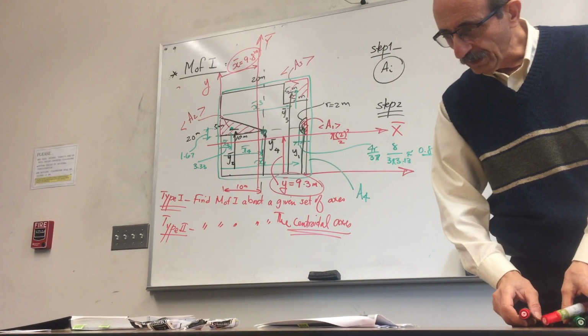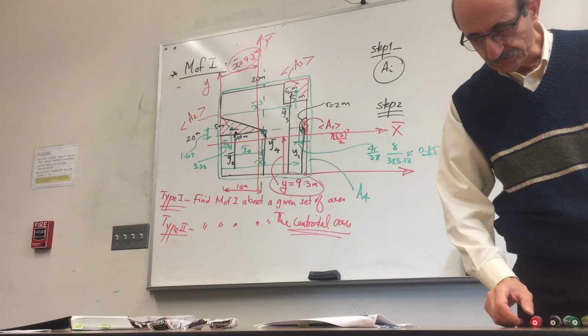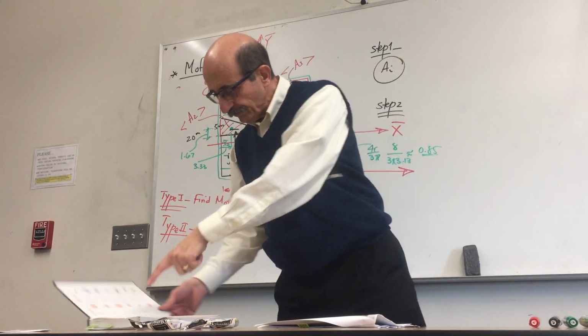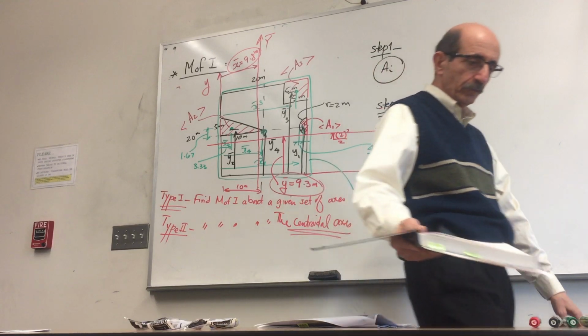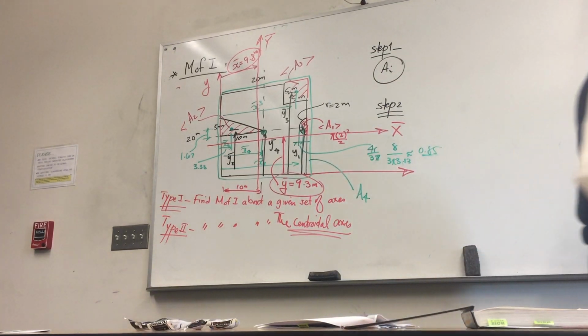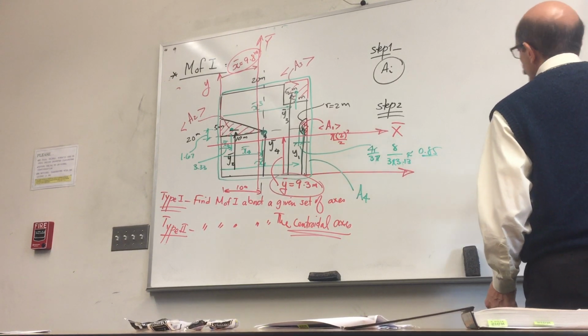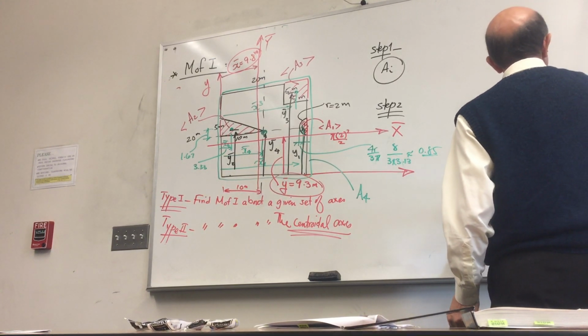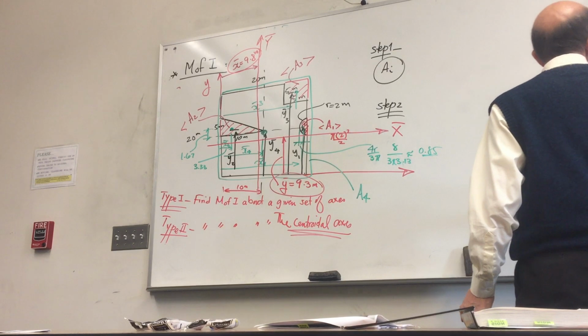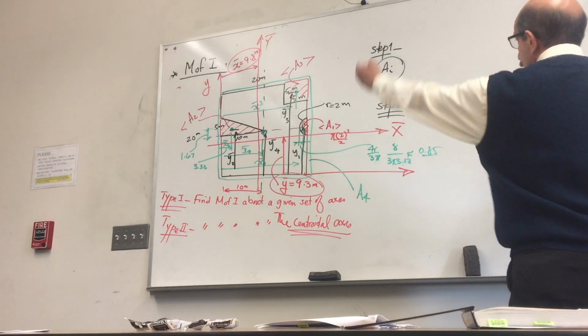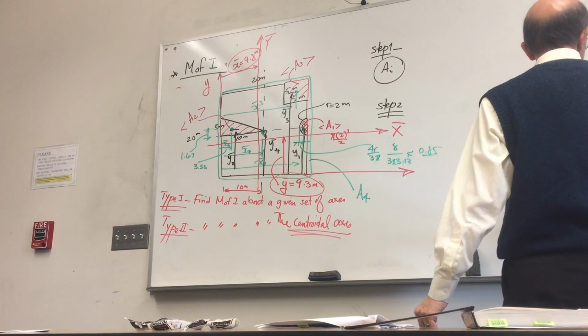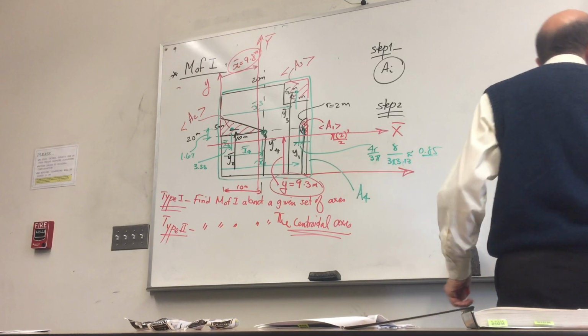You find the moment of inertia of each shape, following the formulas in this table, about its own centroidal axis. Say you have this shape, you have this shape, you have this square, and then this large square, right?